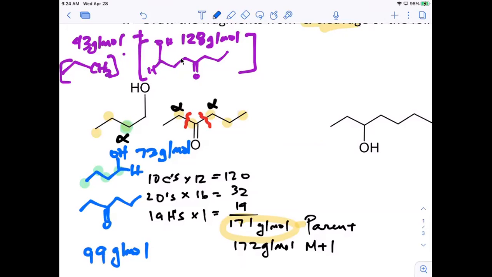To total, it has to add up to the mass of the whole thing, which is 172. So you're not losing any atoms, you're just breaking bonds between atoms.